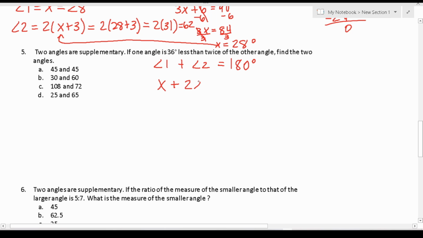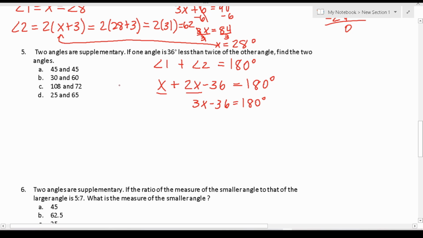So that means this one's going to be 2x minus 36. Of course, that all equals 180 degrees. So now we're just going to combine like terms and try to solve for x accordingly. As you can see, we have like terms x and 2x. So this is going to be 3x minus 36 equals 180 degrees.